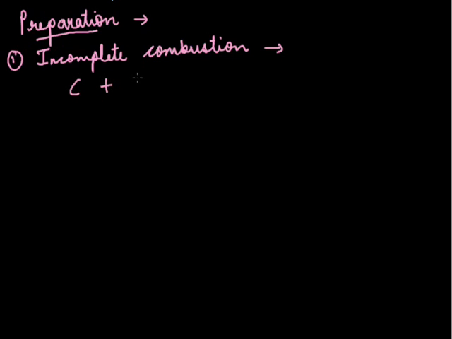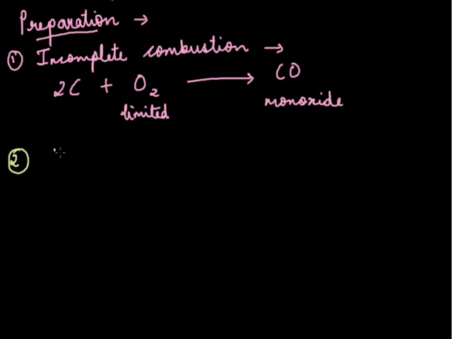Carbon, when burnt in the presence of oxygen, that is also in limited or insufficient amount, will produce carbon monoxide. This is the method by which it can be prepared. So now I'll talk about the laboratory method.